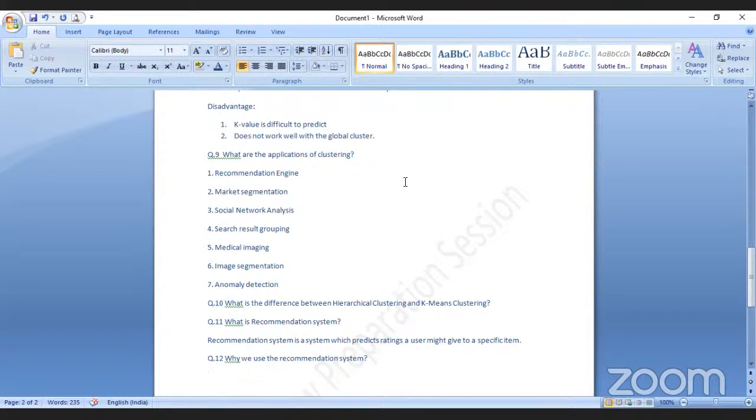It suggests the correct item for the particular customer, and it also helps websites improve user engagement, since customers who are suggested the correct items stay engaged on the website most of the time.